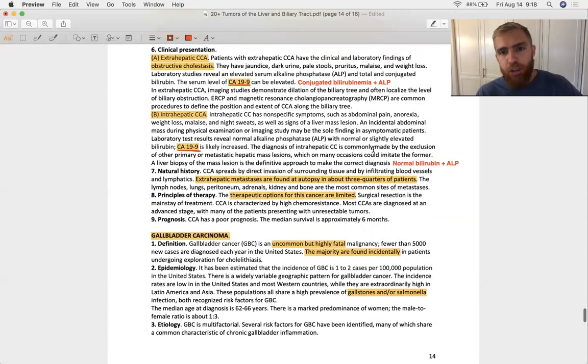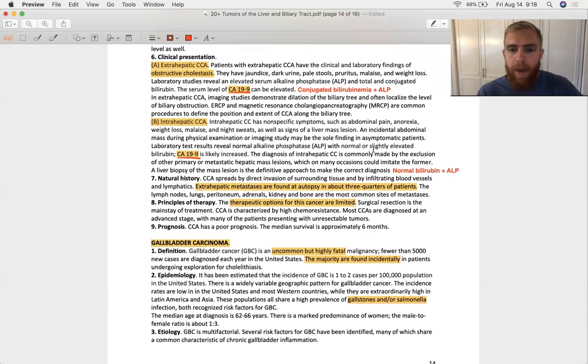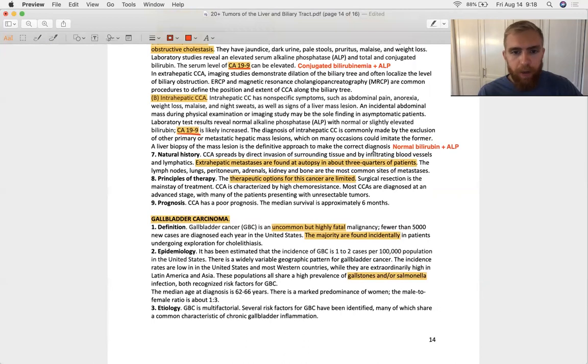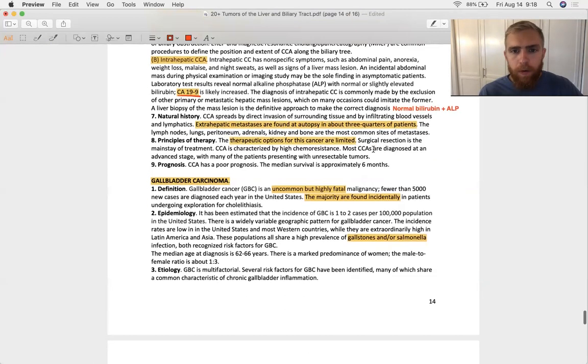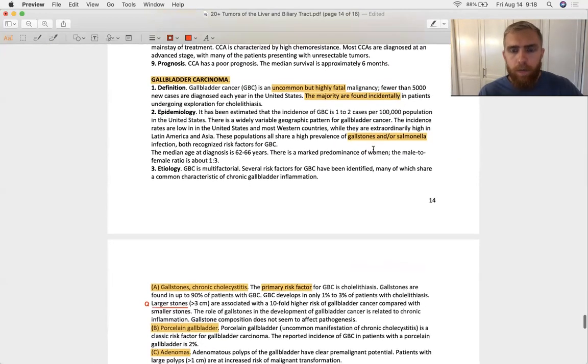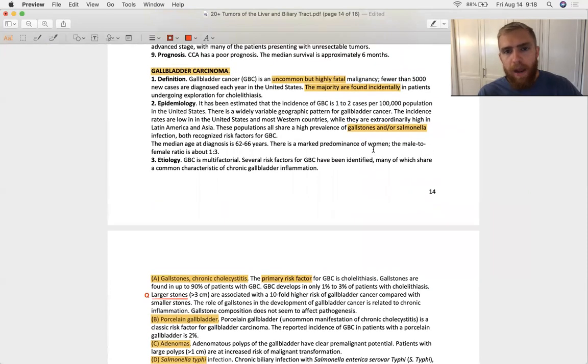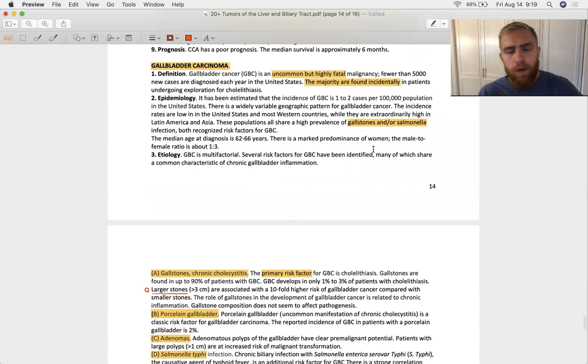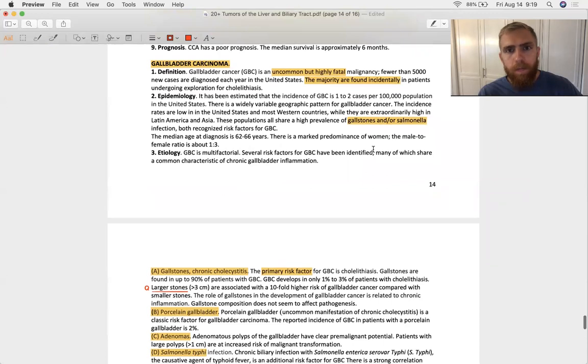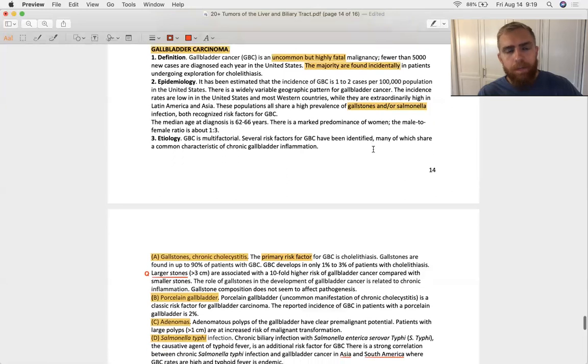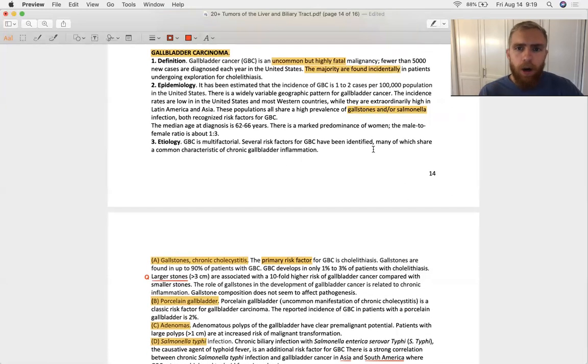And I'm not sure what the main cause of death is, but if I were to guess, I'd probably say liver failure. Maybe something like portal hypertension, maybe pancreatic failure. So gallbladder carcinoma is the last cancer in this SDL.